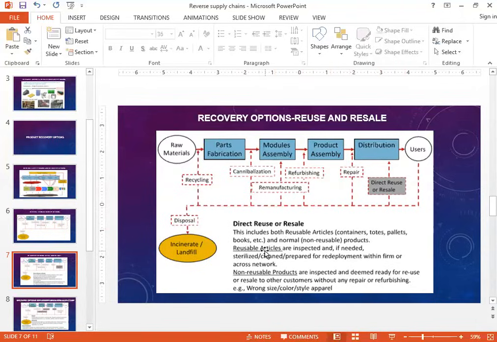Reusable products are inspected and, if needed, sterilized, cleaned, and prepared for redeployment within the firm or across the network. Non-reusable products are inspected and deemed ready for reuse or resale to other customers without any repair or refurbishing. For example, it could be a wrong size, color, or style of apparel.